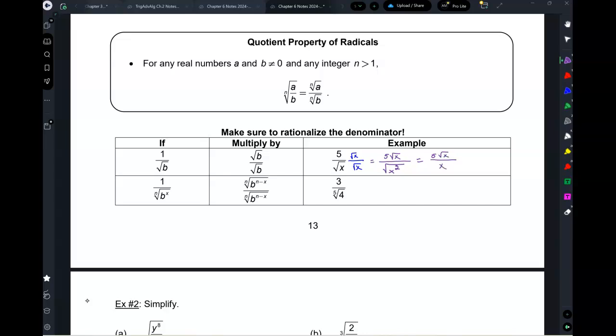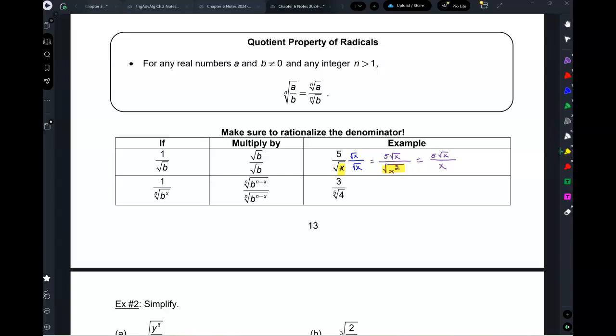Initially, it's a square root. That means there had to be 2 underneath it for them to come out. But I only had 1. I had some missing, and what I ended up doing is I completed whatever was missing. And that's how they were all able to come out.